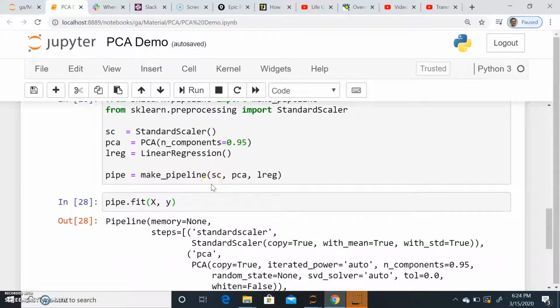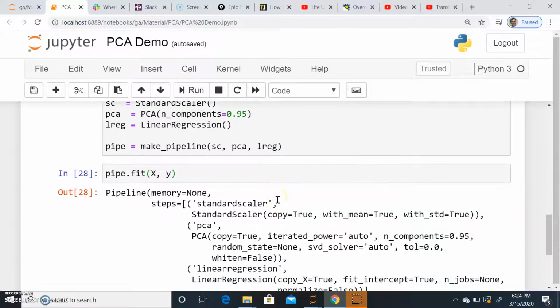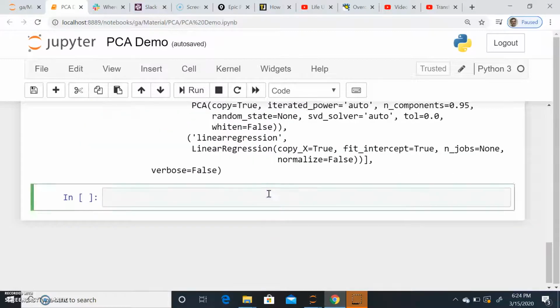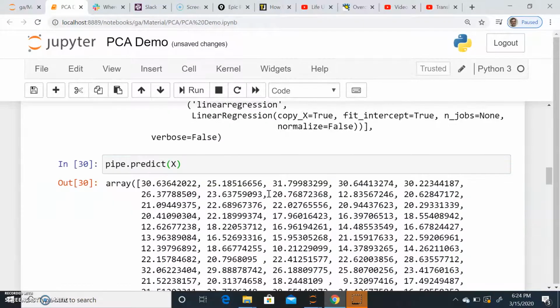If we're doing linear models, we have the scaler, we have PCA, and then we have linear regression right over here. You can fit like this on X, and the same way, predict, just like we did before. And then these would be our new predictions right over here.